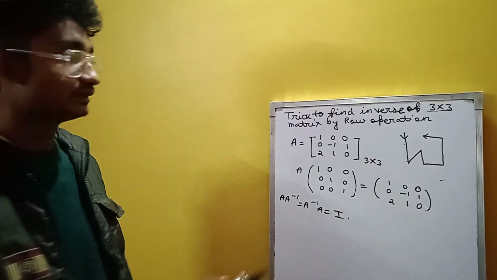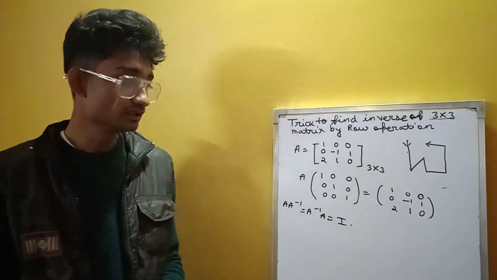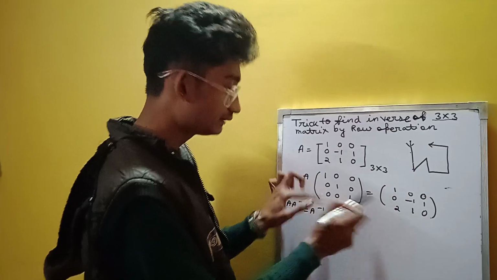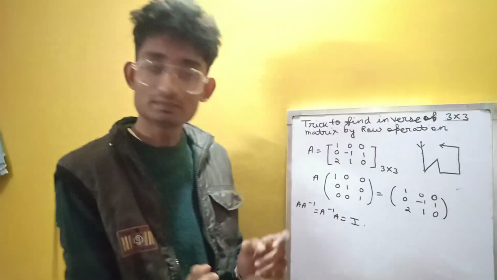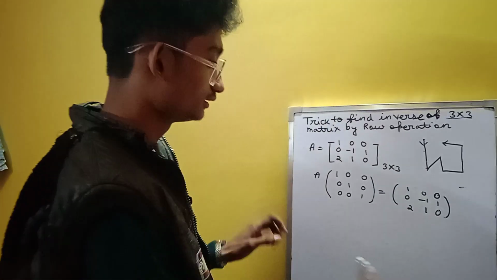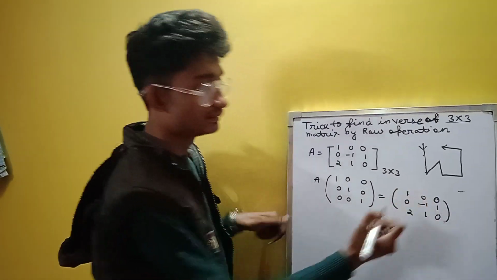So what is the first element? This element is A11. It should always be made identity, and this transformed matrix will be the inverse of the original matrix. So at first this element should be made 1.